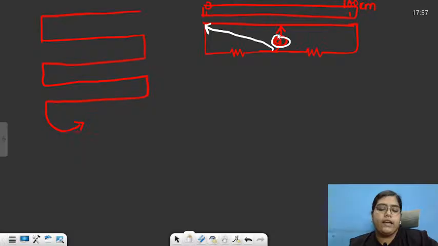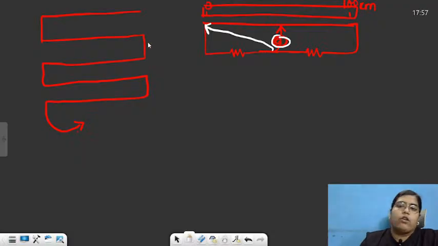A galvanometer is basically a device which is used to detect current, whether the current is flowing or not. So we start moving the stylus from this 0 centimeter point. We will keep it moving.